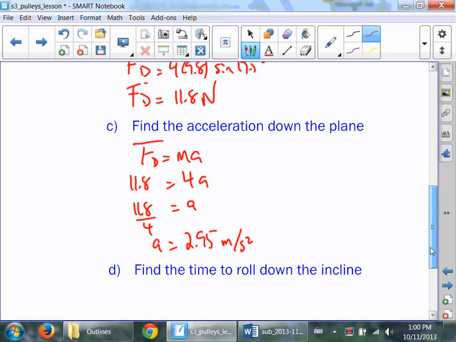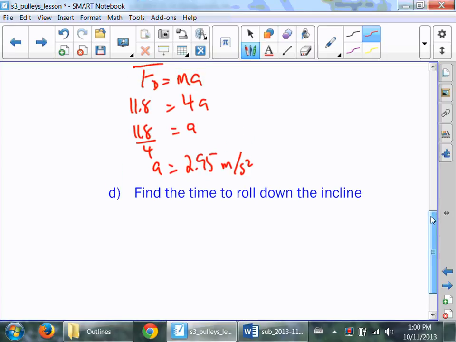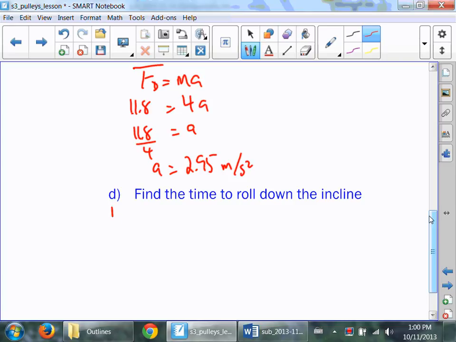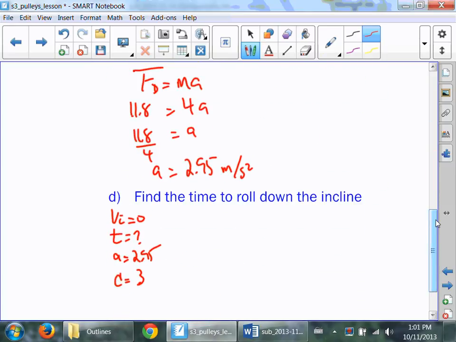Now, find the time to roll down the incline. So we're going to use a little bit of kinematics here. Okay? We know our initial velocity is 0. We want to find time. We know the acceleration is 2.95. We know the distance is 3 meters.